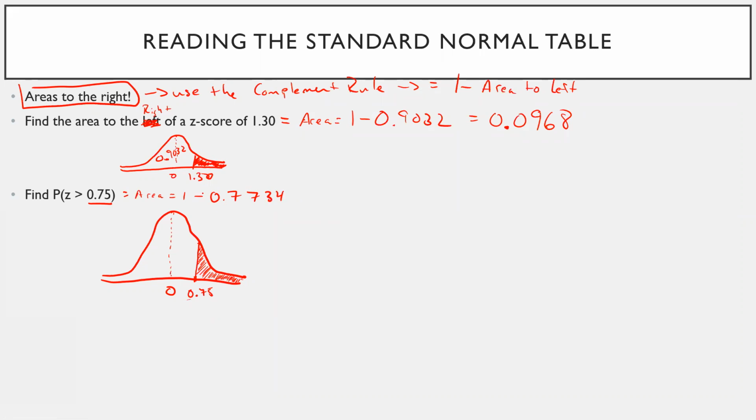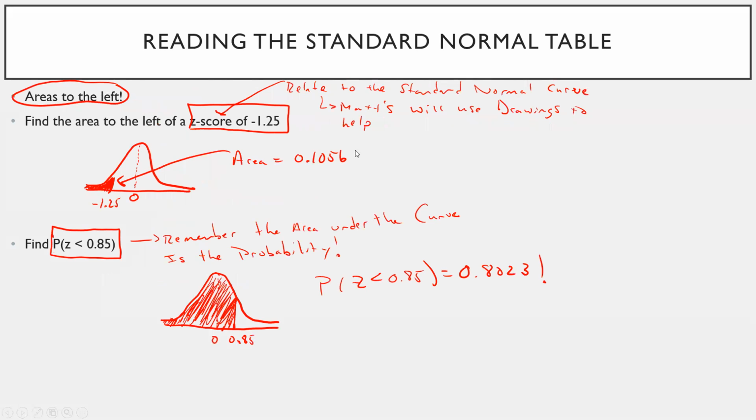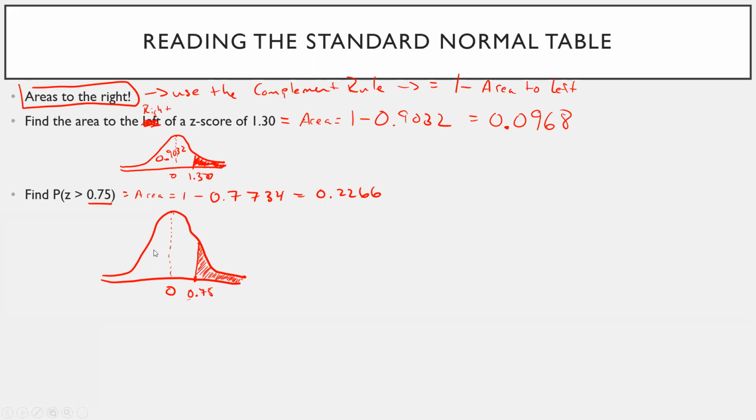So if you plug this in your calculator, 1 minus this, you should get 0.2266, I believe. Does it make sense now how to find areas to the right? So areas to the left, you can just read right off the table. Areas to the right, you just have to do one extra step. So you just do 1 minus that value. It's not too bad, okay?